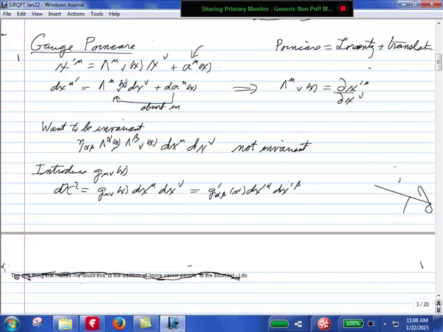Gamma prime lambda mu nu of x. Okay, it's going to have some piece that transforms like you expect it to do. So let's do the transformation factors for each index.